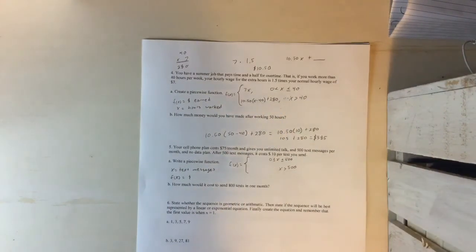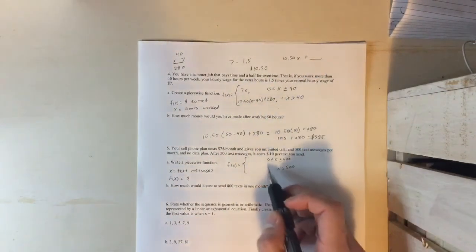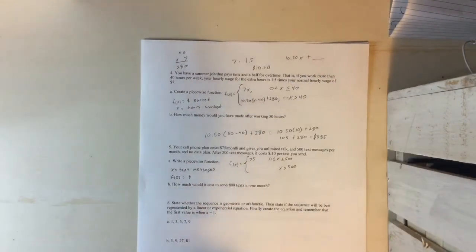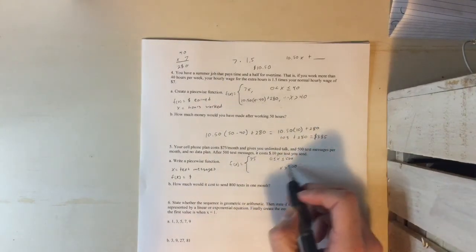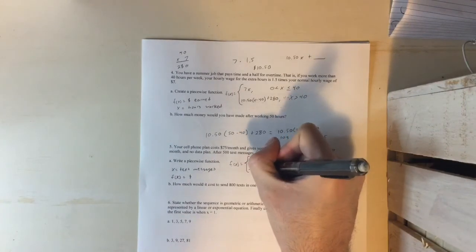If we send more than 500 texts, we're going to have to pay the certain fee. So when we only send between 0 to 500 texts, it's going to cost us $75 flat. That's just how much we're going to pay. If we send more, then we're going to pay 10 cents, so 0.10. And that's going to be how much we're increasing every time we send a text over 500.